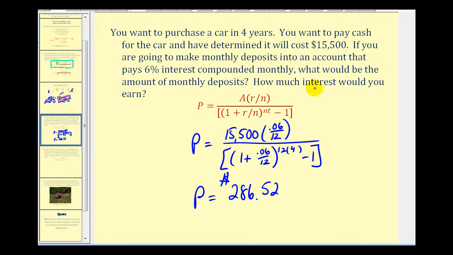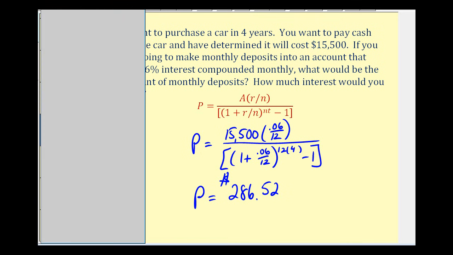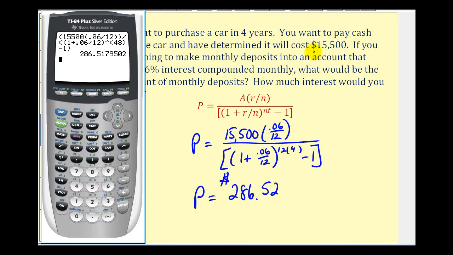Now the second part asks us how much interest would be earned over this 4-year period. Well, we'll pay this amount 12 times a year for 4 years, so that value would represent the amount paid into the account. So to figure this out, we'll take the ending account balance, which is 15,500.